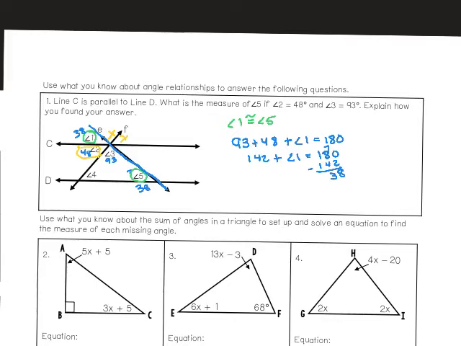I bet it's going to be 48 because of alternate interior angles. But let's prove that it's 48 because we also know that the sum of all three interior angles in a triangle is 180. So some unknown number, I'll call it x, plus 38, which is what angle 5 is, plus 93 is equal to 180.